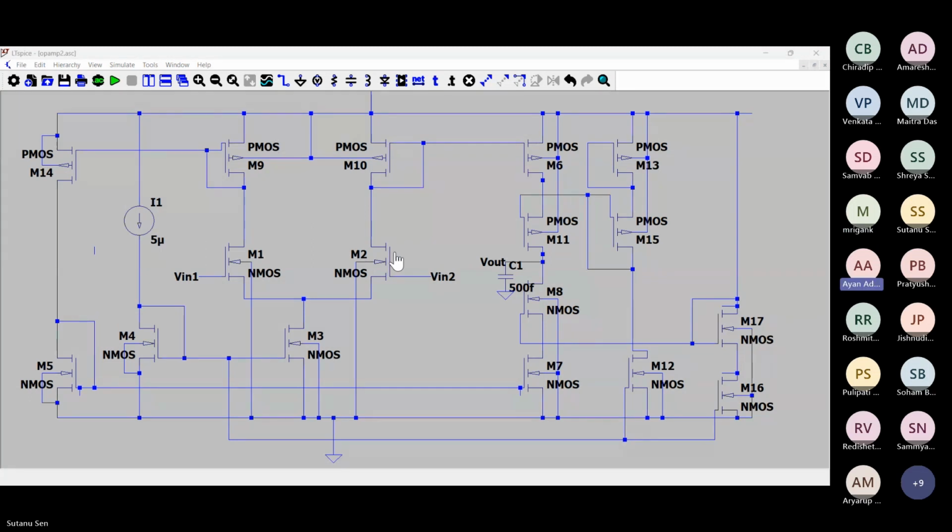Due to this asymmetry in the circuit, there is a difference in the DC operating point, which we will get from the DC transfer characteristic. So there will be a difference in the DC level of the two input devices. Why is there a difference between the two input device DC levels? Because of the asymmetry in the circuit. That I explained further, right? So what is the reason for that asymmetry?